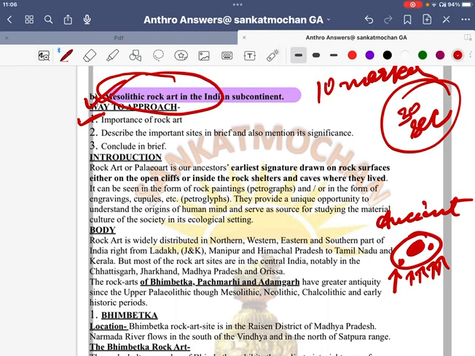From that they try to decipher what man actually thought, what his leisure time was, how the evolution of mankind happened, like the colors used and the type of design used. It's all related to evolution. As you know, anthropology is the holistic study of mankind. So this is the importance of rock art, because you can find it everywhere around the subcontinent.